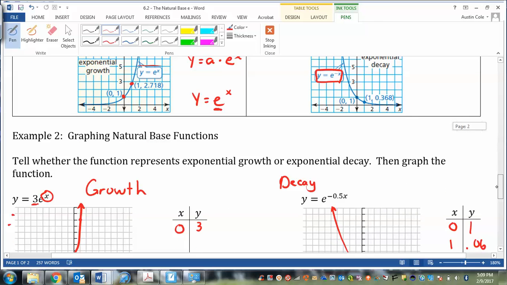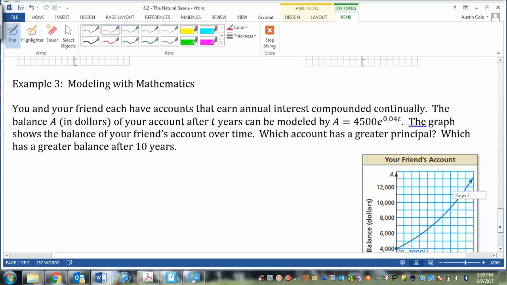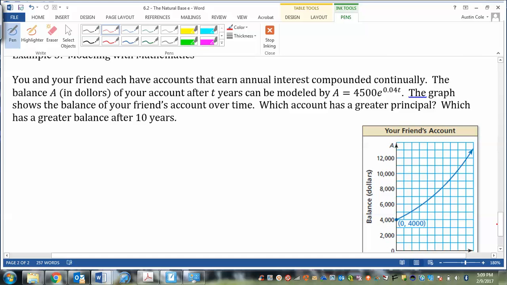So let's go to the bottom of the backside of our notes here. And it says, you and your friend each have accounts that earn annual interest compounded continually. Okay? The balance, A, in dollars of your account after T years can be modeled by this function.